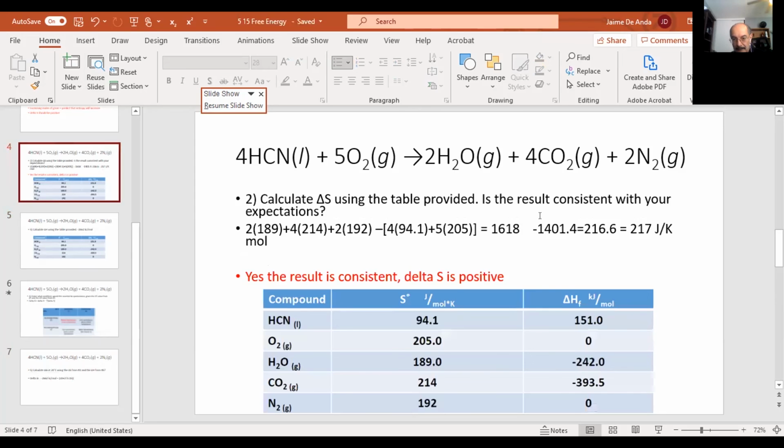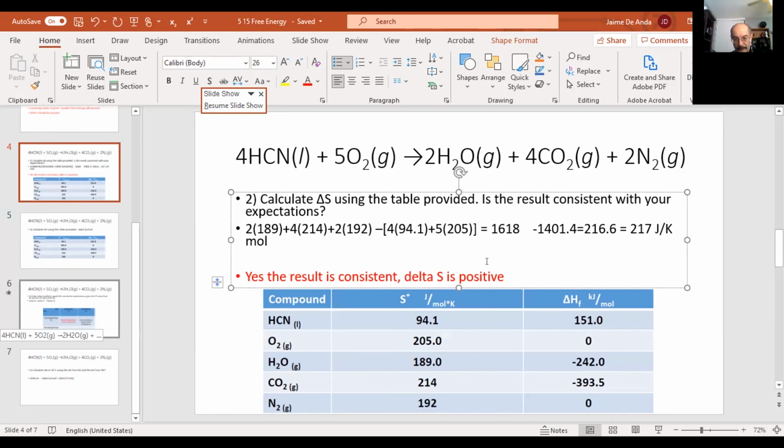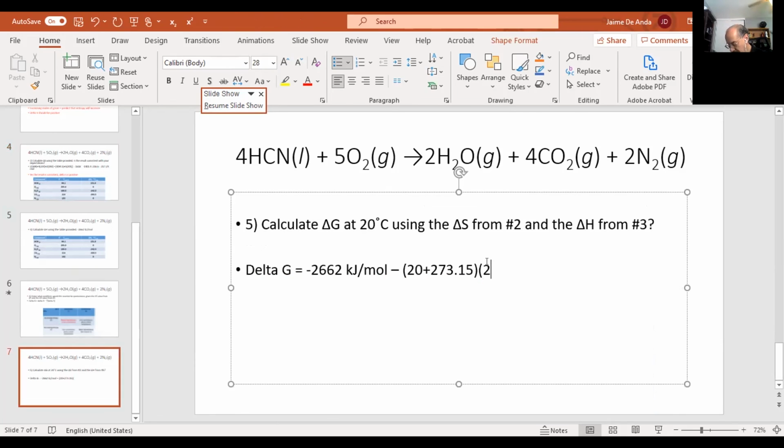What did we say it was? 217. 217, this would be joules per mole Kelvin, but we have to convert that to kilojoules.